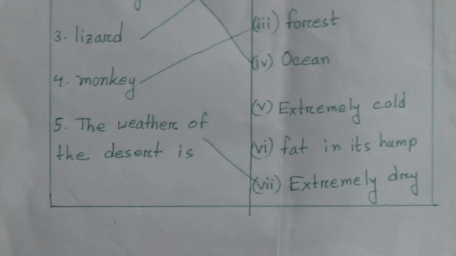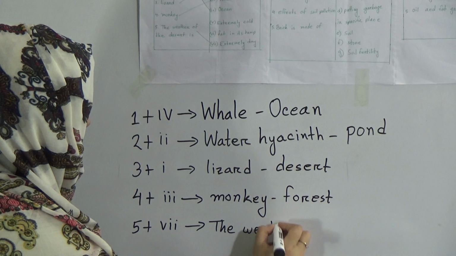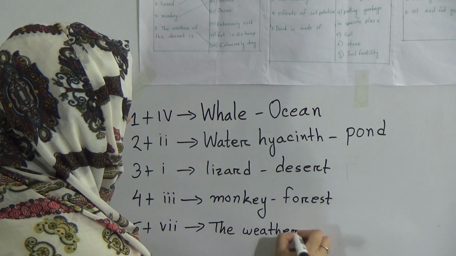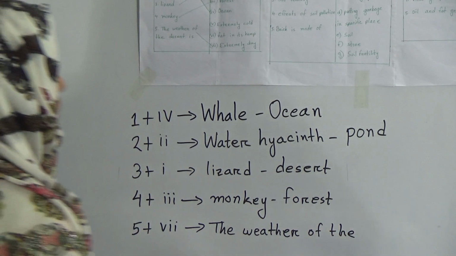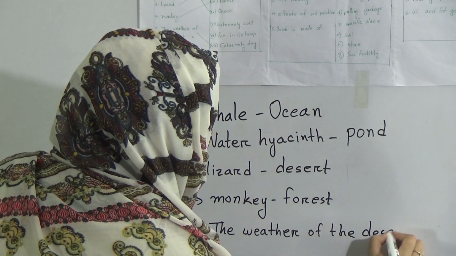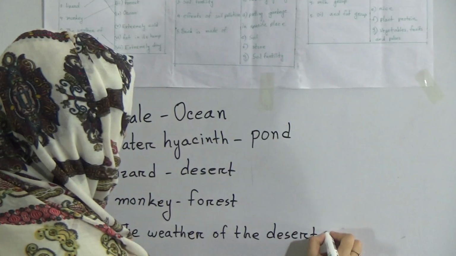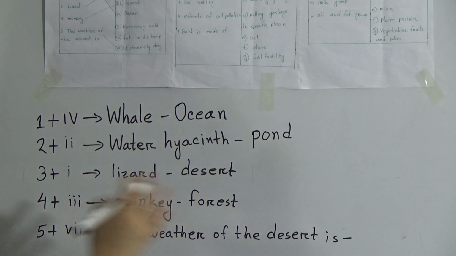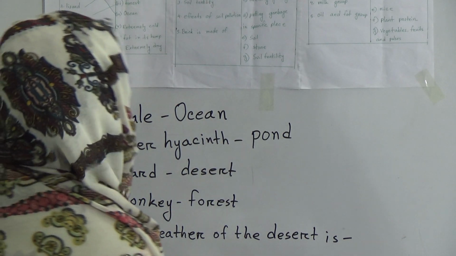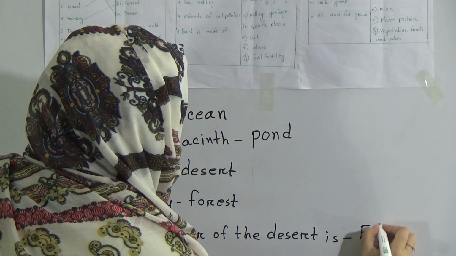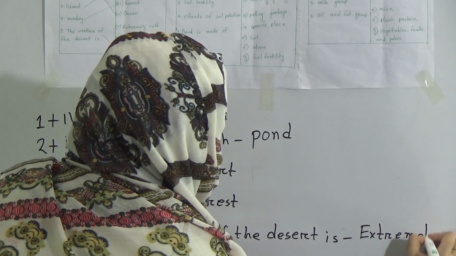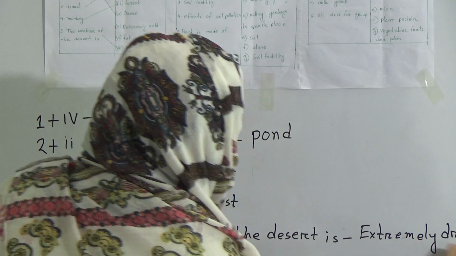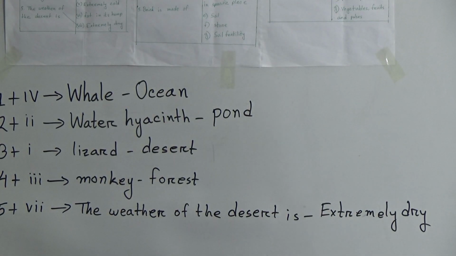The weather of the desert is, then right side word, extremely dry. Right? Like this you will answer this matching.